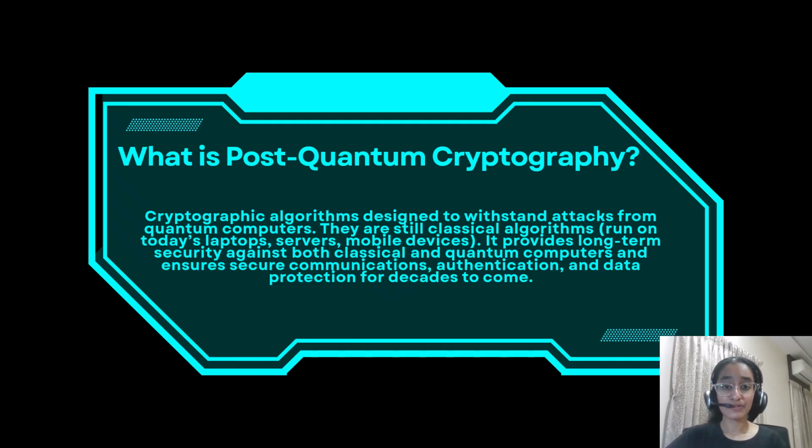Once standardized, PQC will replace RSA or ECC in protocols like TLS for HTTPS, VPNs, and secure mail, as well as in digital signatures and blockchains. This transition is urgent because data stolen today that is encrypted with RSA and ECC could be stored and decrypted in the future, once quantum computers are available.